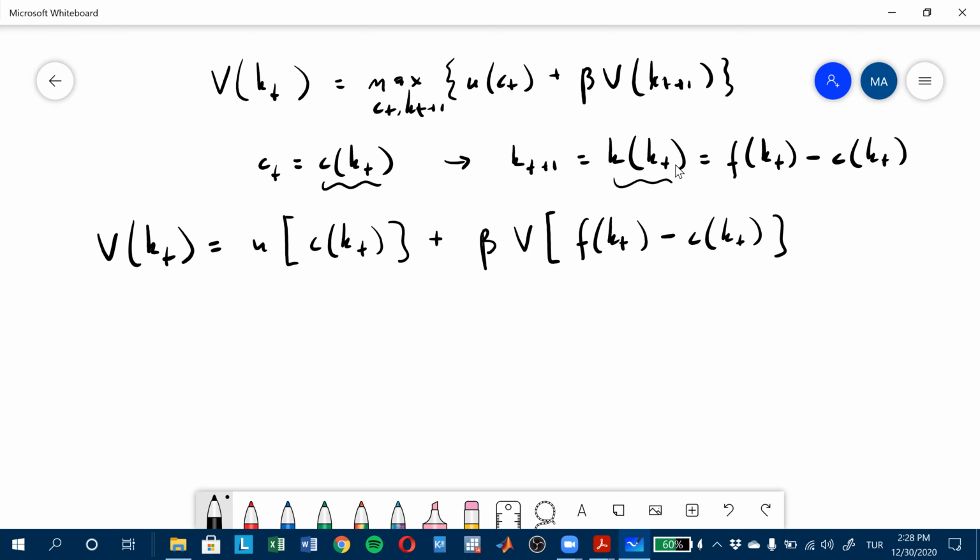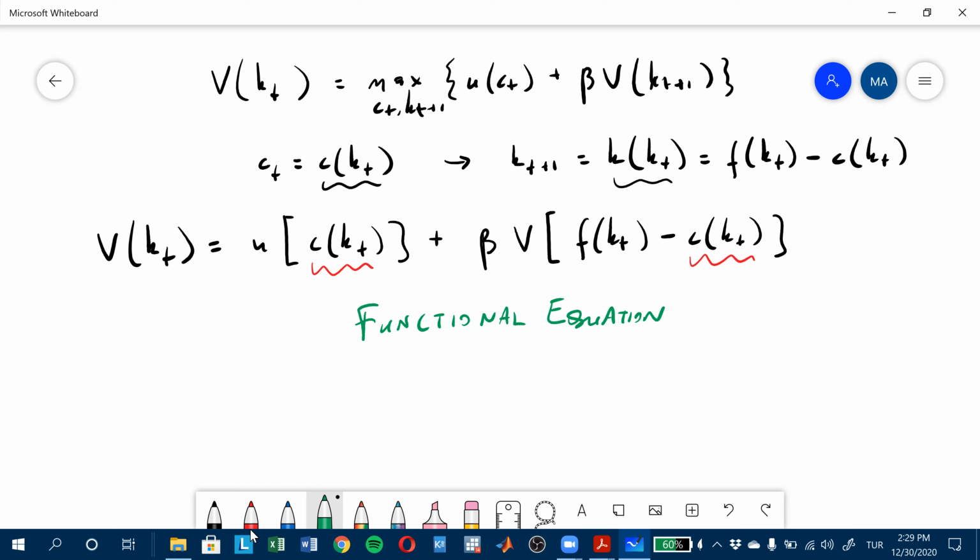Now, if you know this function C, you can find V. Again, let me write with capital letters: this is a functional equation. This equation solves functions, not numbers. It's not algebraic right now. It is functional.